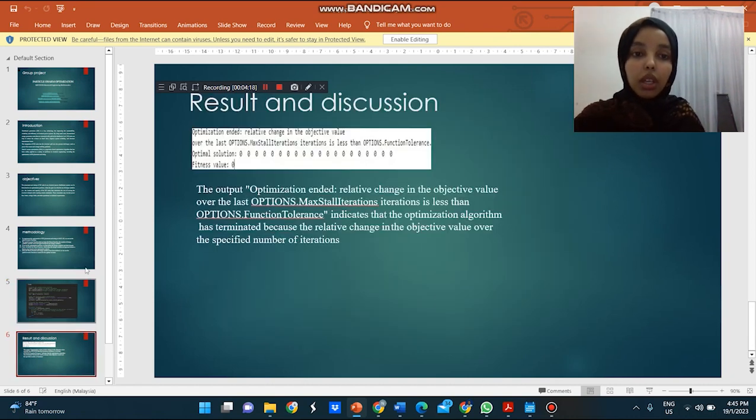In conclusion, the output of the optimization shows that the relative change in the objective value over the last options max iterations is less than the options function tolerance, which indicates the optimization algorithm has terminated because the relative change in the objective value over the specified number of iterations has fallen below a certain threshold, the options function tolerance.